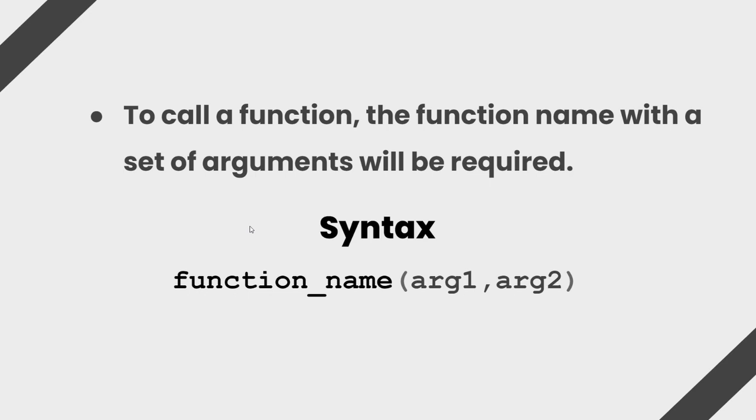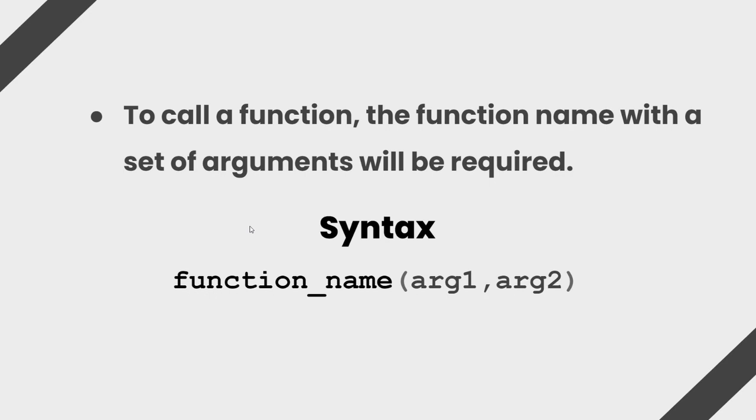This means the arguments represent the values we need for the execution of our function. The parameters that I talked about before, I said they are the placeholder variables. So these arguments are going to be passed into the parameters.